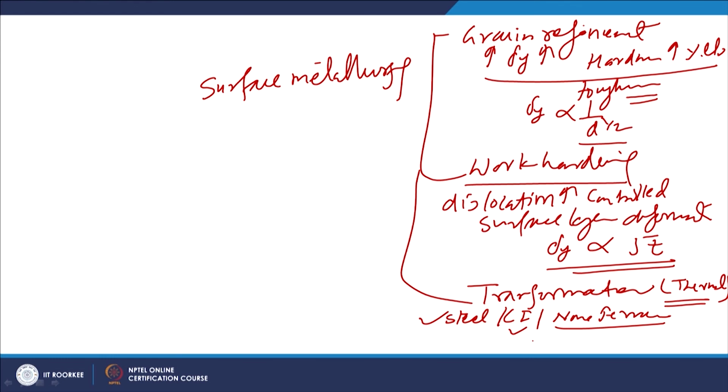So, these are the three mechanisms which work behind the improvement in mechanical properties through structural modification of the surfaces, which in turn leads to improvement in wear resistance of the material.